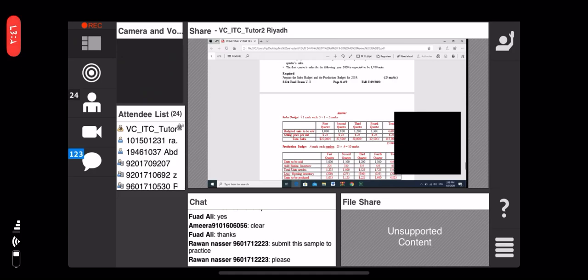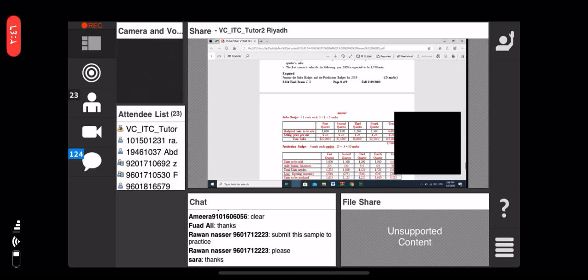Second, the budget. He asks you about the production budget. For the production budget, the first row will start from the units to be sold.